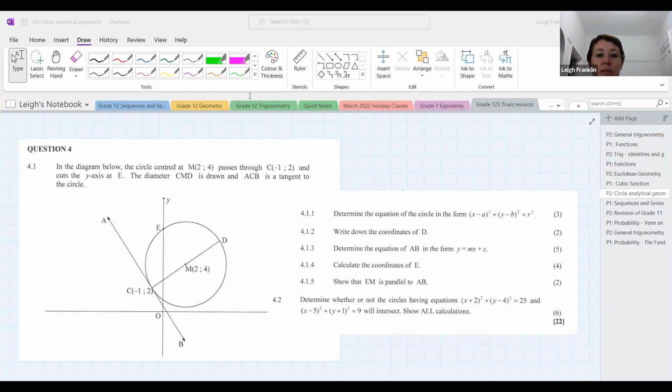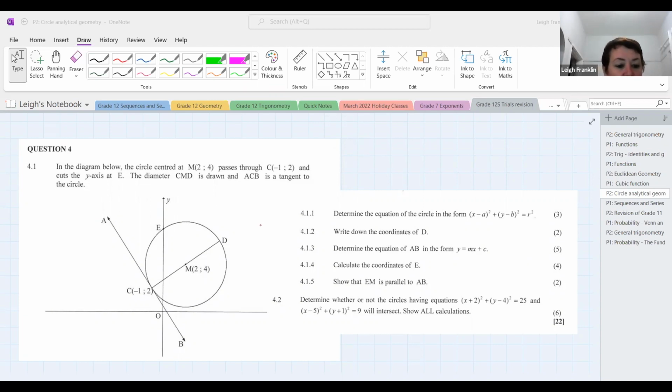All right, let's see what you guys are getting. Yes, I agree. That's what I got as well as an answer. Okay, so you would have had to work out the length of r squared using the coordinates at the center.